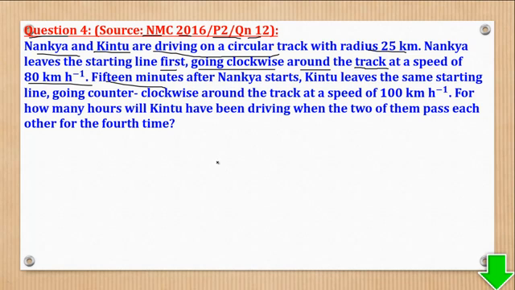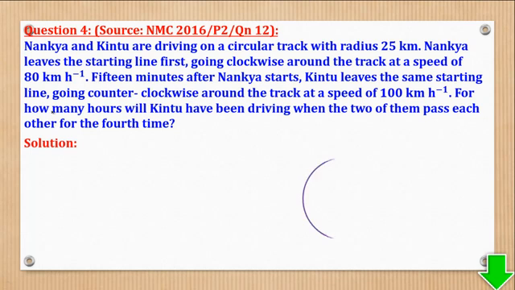In other words, Nancha was going this direction, Chintu goes in the other direction, around the track at a speed of 100 kilometers per hour. For how many hours will Chintu have been driving when the two of them pass each other for the fourth time?